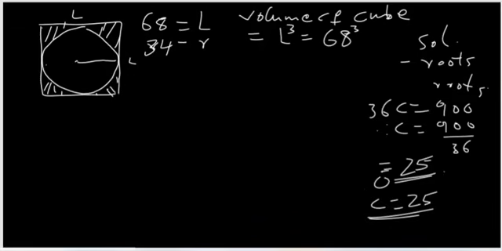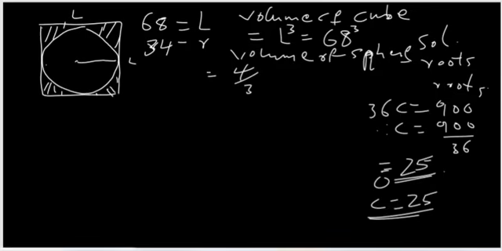So the volume of the sphere is equal to 4 over 3 pi r cubed. So now we evaluate this.